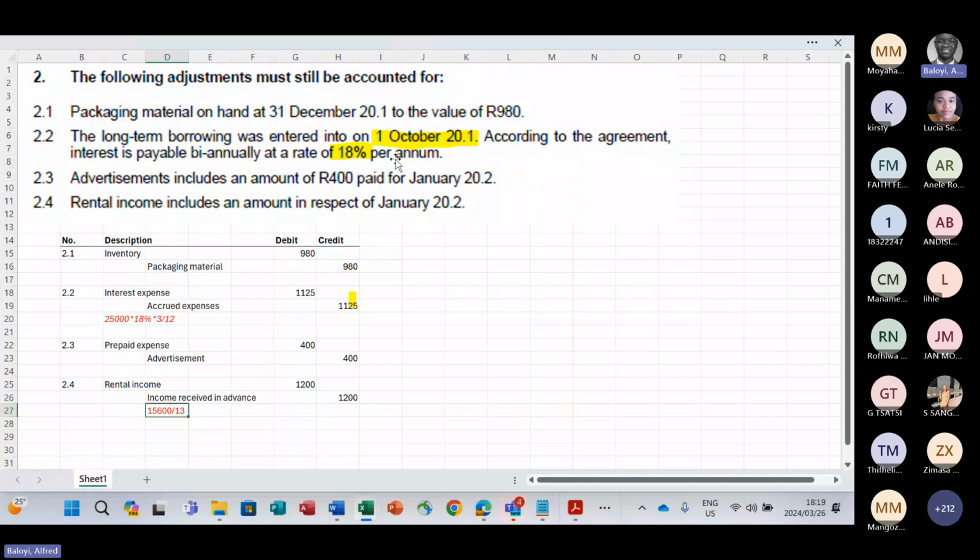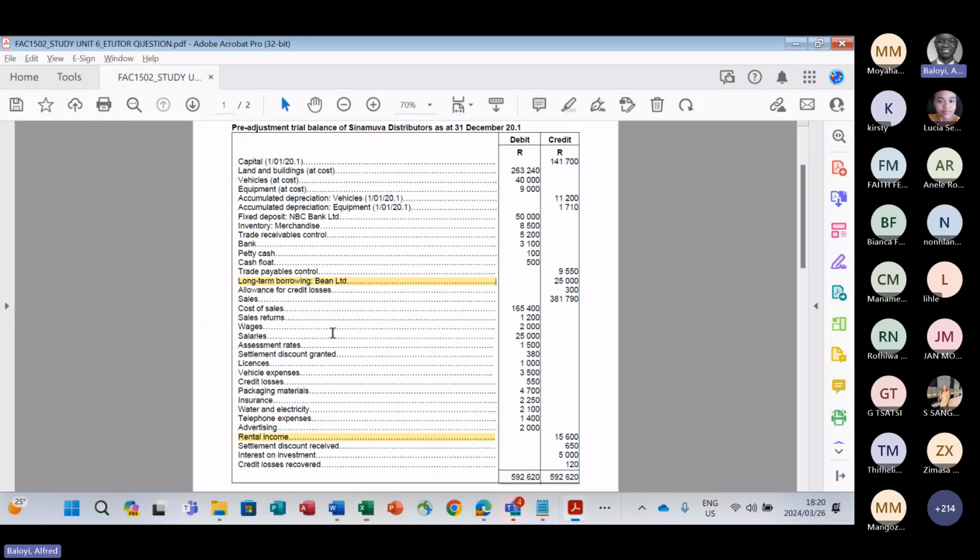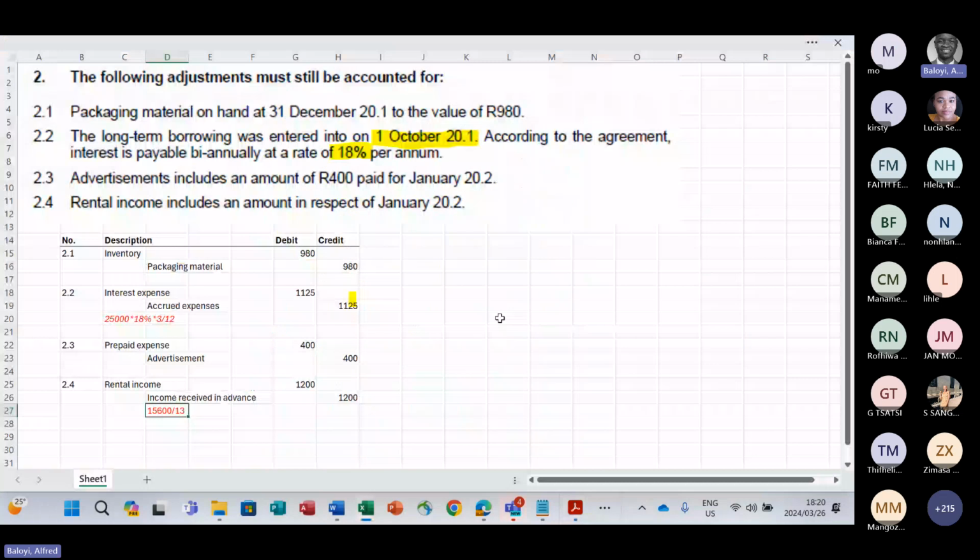So we're calculating interest outstanding at the end of the year, which is 31 December 2021. The interest is calculated by taking the total amount of the loan, which is 25,000, multiplied by the 18%, multiplied by 3 over 12, which is October, November, December. Those are the 3 months that are outstanding.